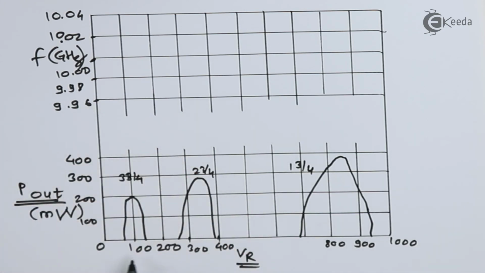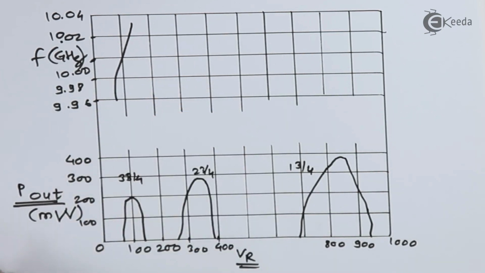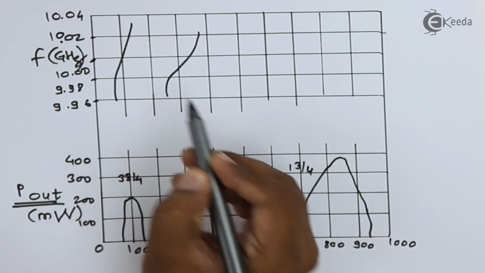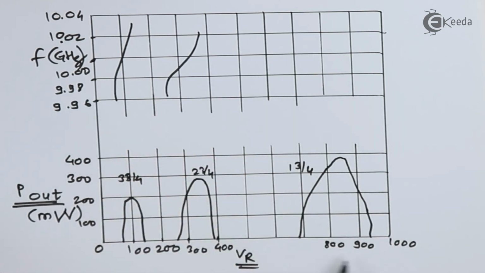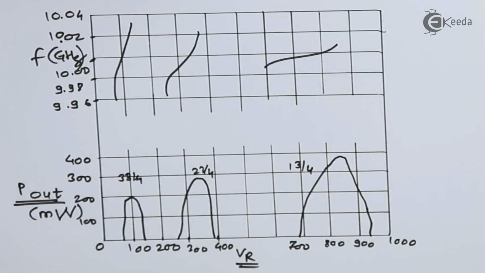And accordingly, if the repeller voltage is varied nearby to the 100 here, we get the curvature with respect to the frequency like this. If we have the variations in between 300 and 400, so that time we get the curvature like this. And for the maximum side, for nearly 700 to 900, we get the curvature with respect to the frequency like this. So this way the output power and efficiency with respect to the reflex klystron we have discussed.